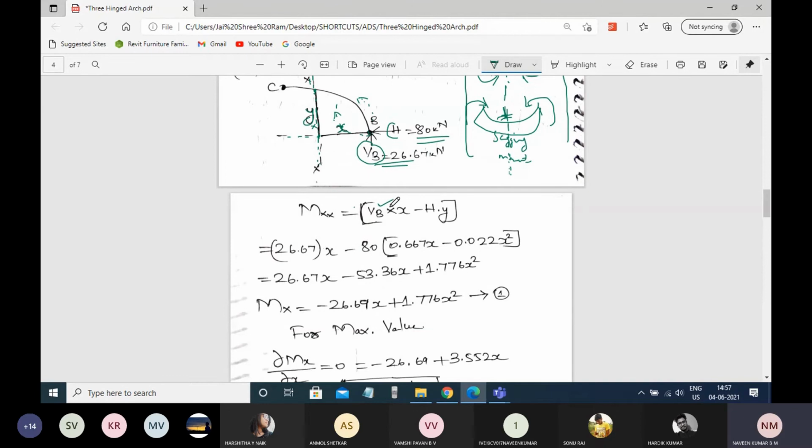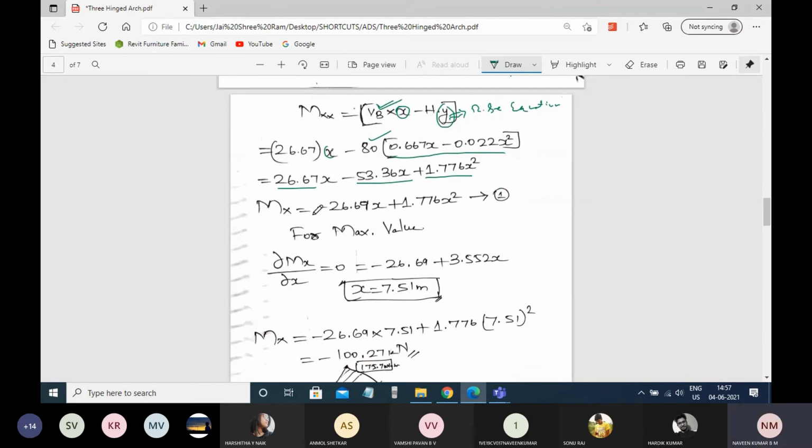So now you try to substitute the VB value. We don't know this x value as well as the y value, so let me keep x as x, and you know the H value. Y is nothing but the rise equation, which we already know in terms of x, so you substitute it over here. Now you simplify, and you'll get an equation in terms of x as well as x square, understood.